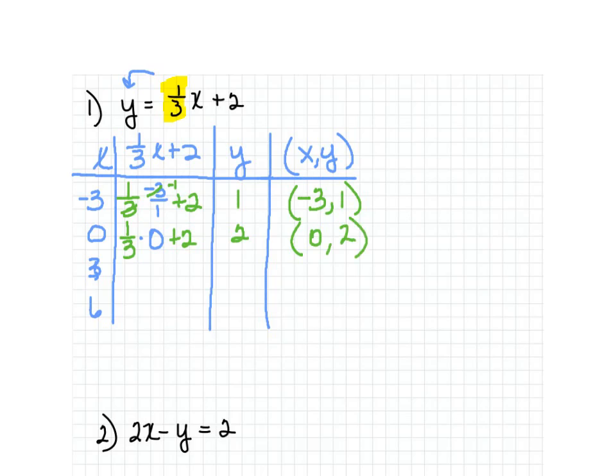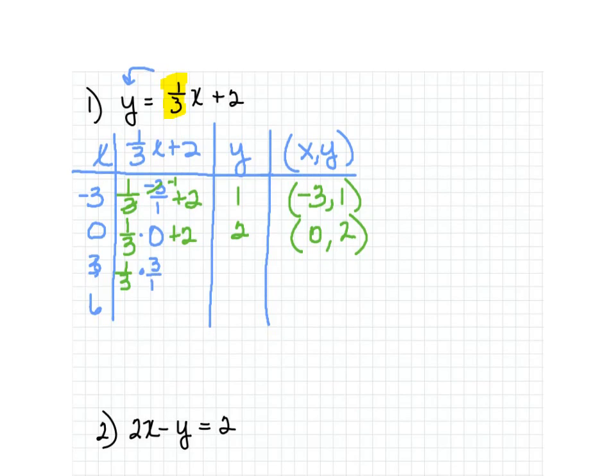All right, let's substitute +3. 1/3 times 3/1 is actually 1. 1 plus 2 is 3. So we can say that where x is 3, y is also 3. And then the last one we want to do is substitute 6. 1/3 times 6/1.